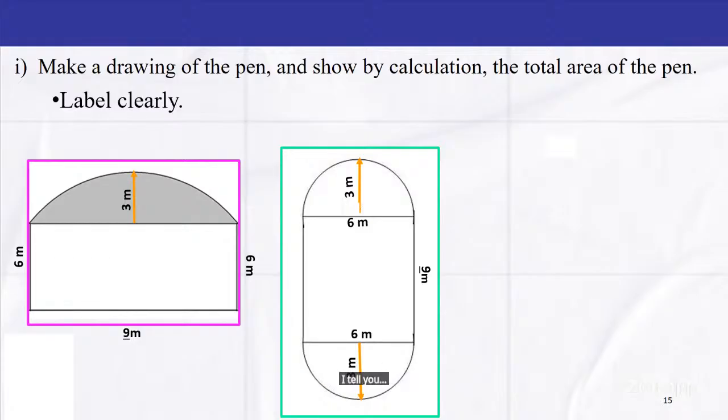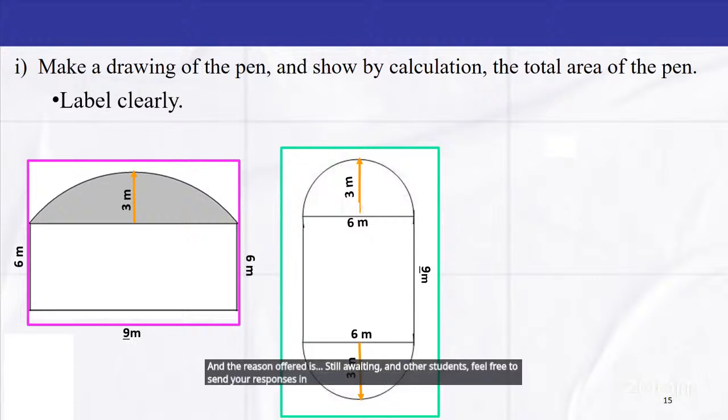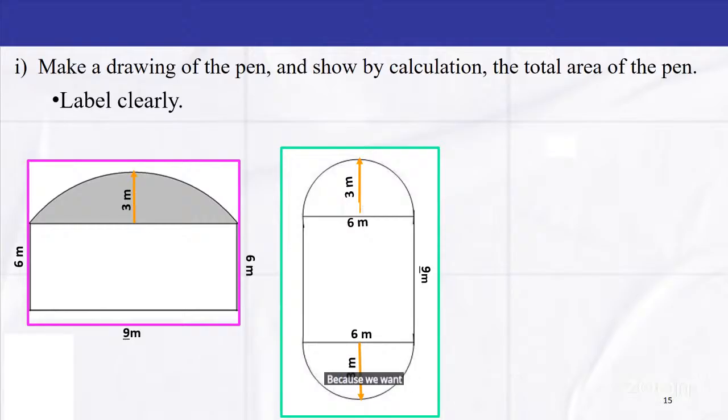All right, so the Forest High School student says no. The diagram does not represent the information. And so we're awaiting the reason for that one. And other students, feel free to send your responses in as well, because we want full participation of all those who are in the session.